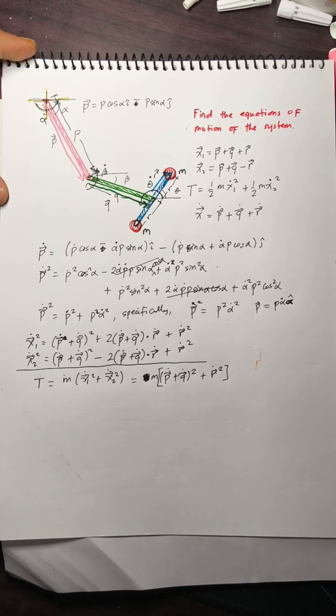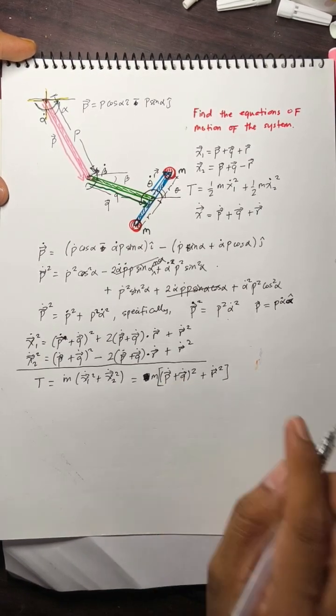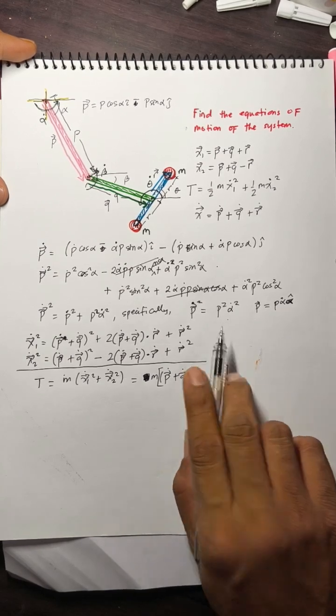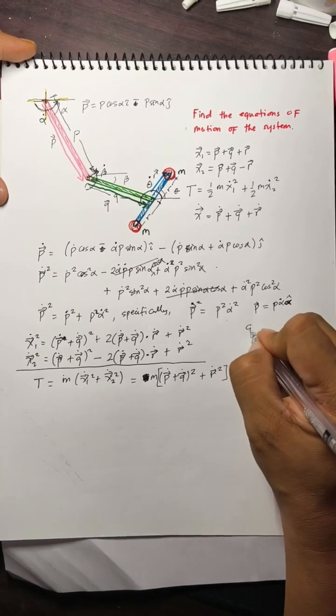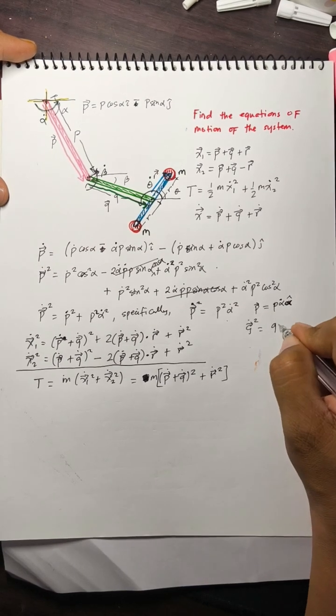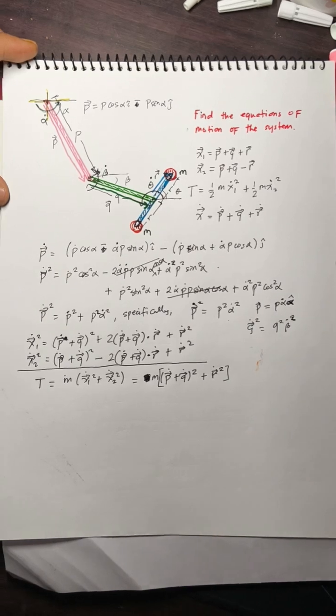So this will be our kinetic energy, and we can just expand this one, in which p dot is given by this one, and of course q dot squared would be given by q squared beta dot squared.